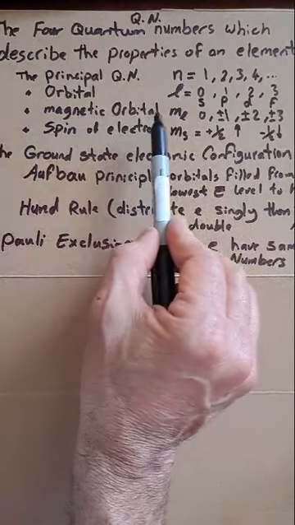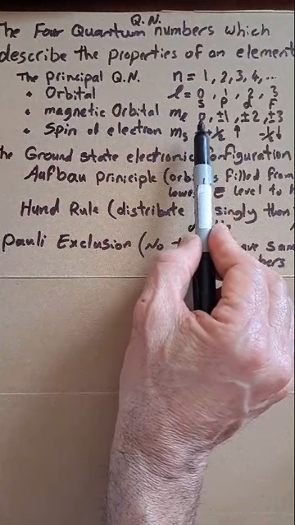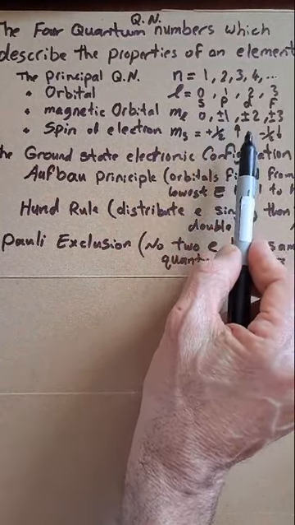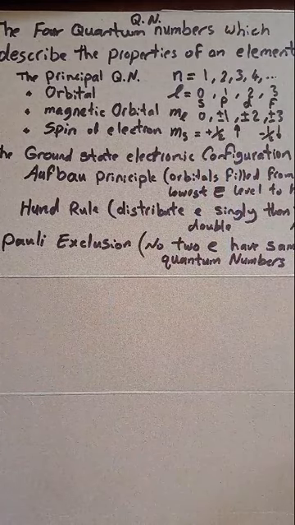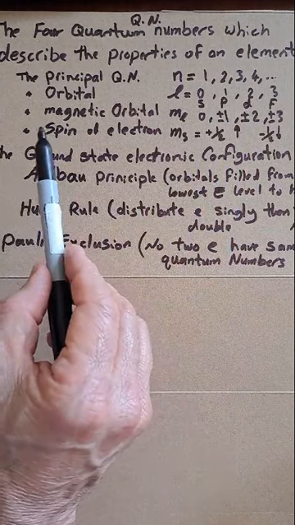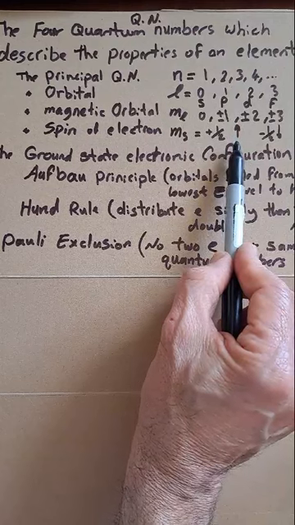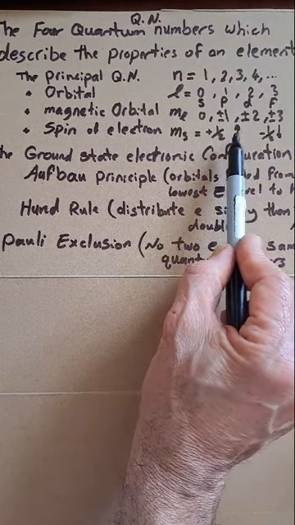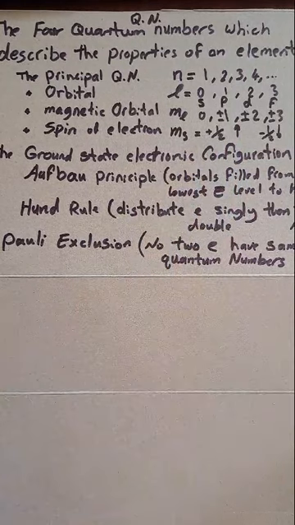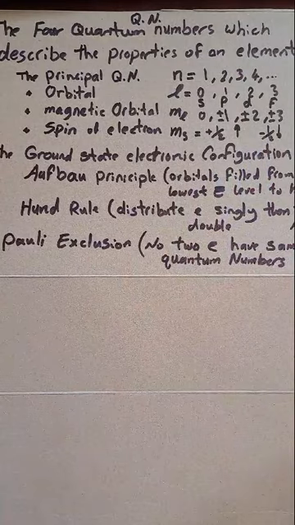The magnetic orbital quantum number ml could be 0, plus 1, minus 1, plus 2, minus 2, plus 3, minus 3. The spin will take the value plus half if the electron is standing or spinning clockwise. Otherwise, the opposite will be minus half.